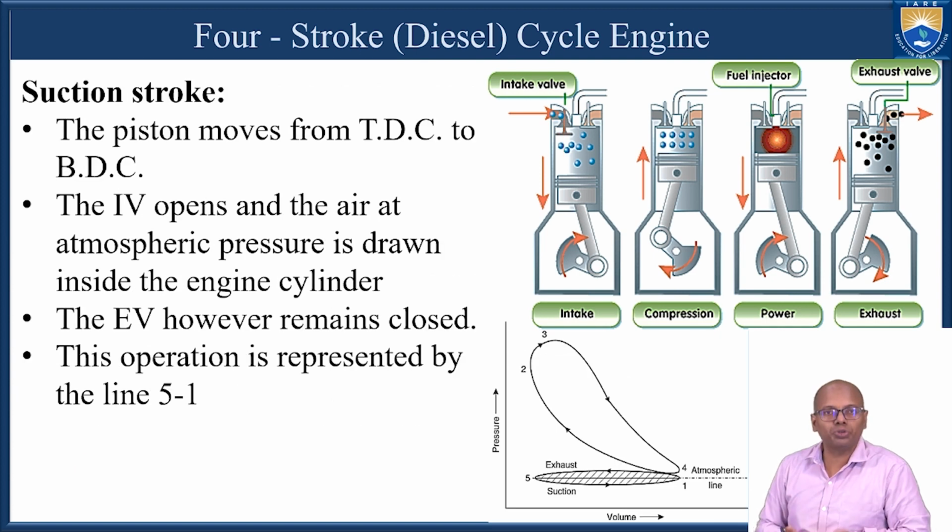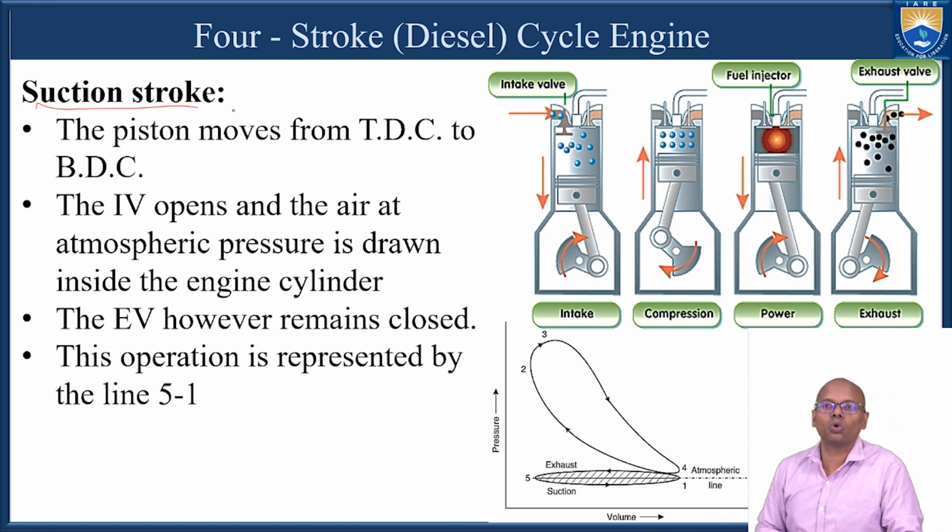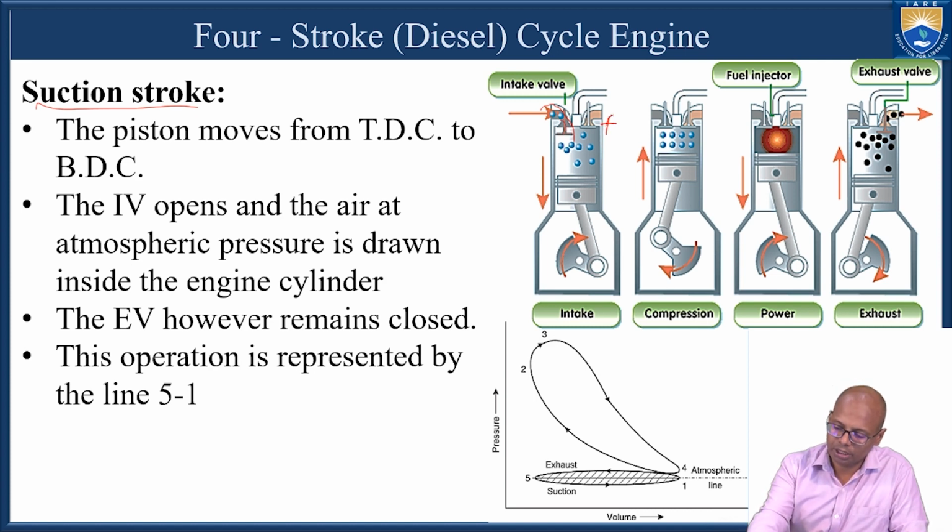Now what are the strokes in the diesel cycle? In the diesel cycle engine, again the suction stroke is there. During the suction stroke, the inlet valve opens and the piston moves from the top dead center to the bottom dead center.